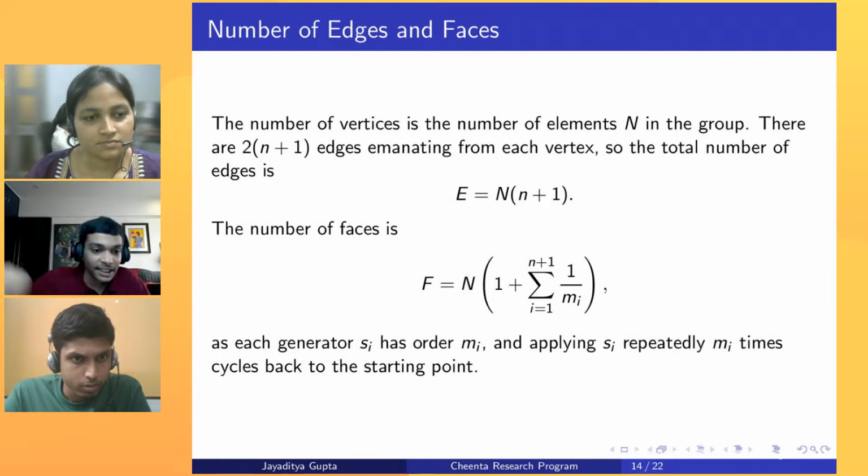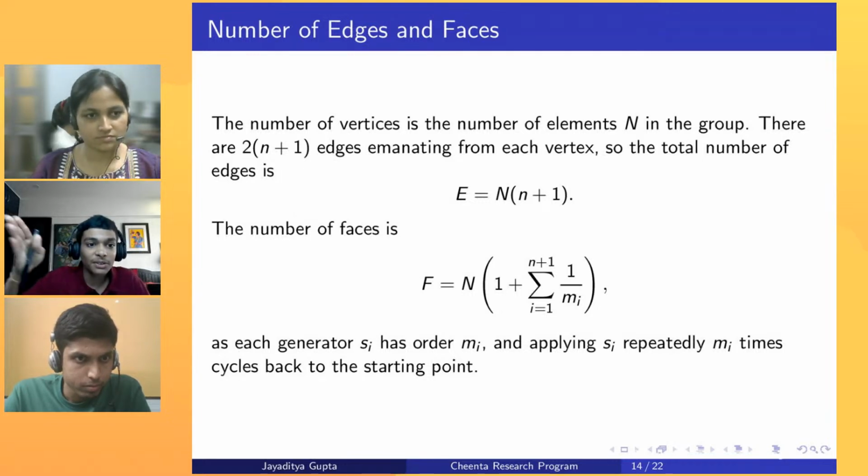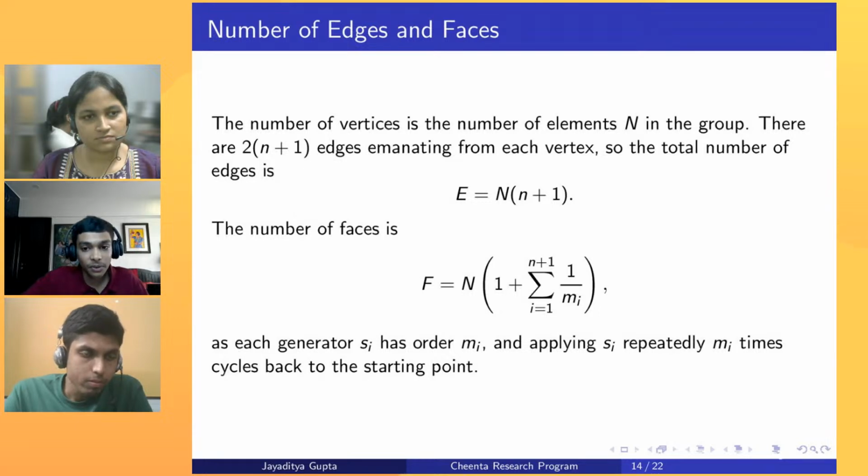And the identity, the n+1 sided polygon, so there are n+1 sided polygons for each vertex, which would create a total of N into n+1 faces. But we are overcounting this by a multiple of n+1, which is why the total number of faces that we would add is just N into n+1 by n+1, which is N. And this gives us the total number of faces, which is just N into 1 plus sigma i going from 1 to n+1, 1 by m_i.